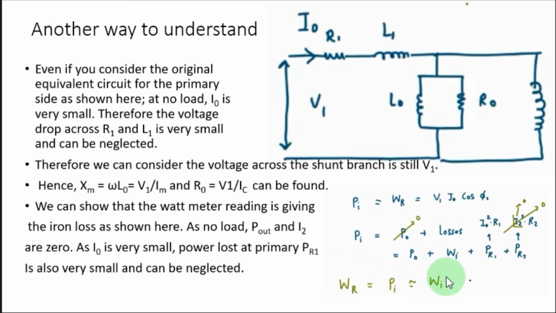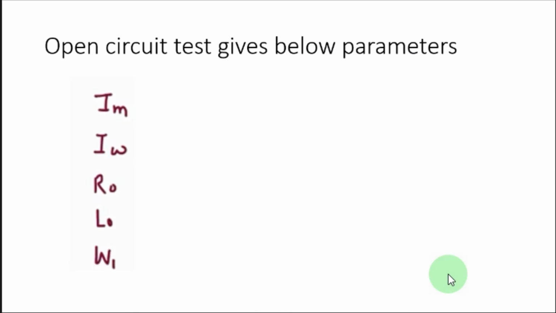Different people use different notations, and here through the open circuit test you can find Iw, the working current, which I used with the same notation in my first lecture on the transformer equivalent circuit.